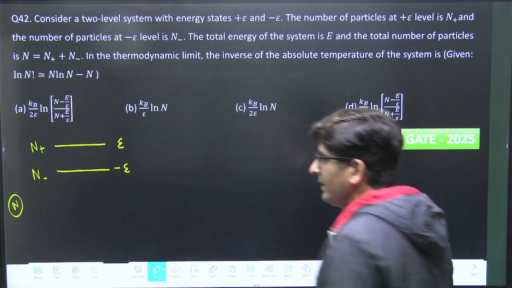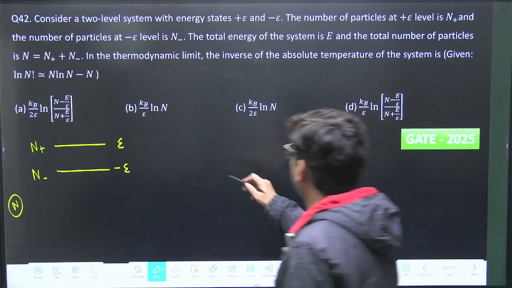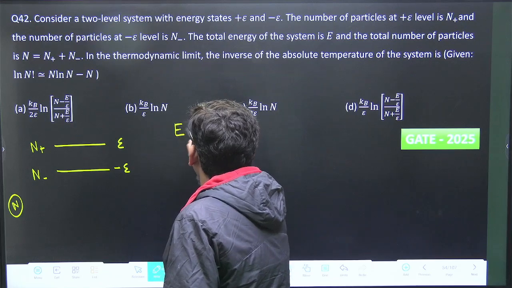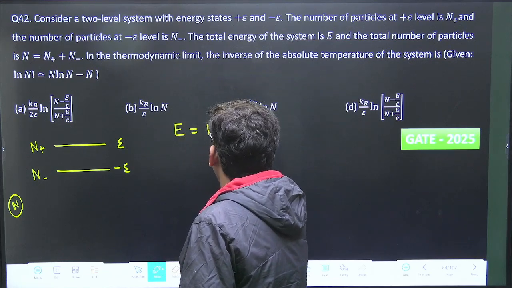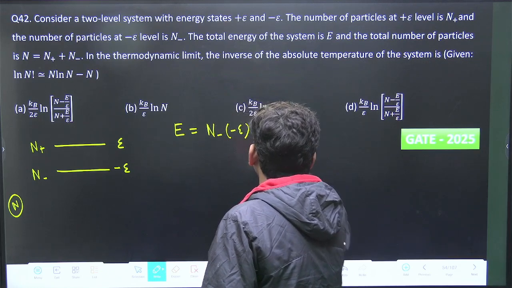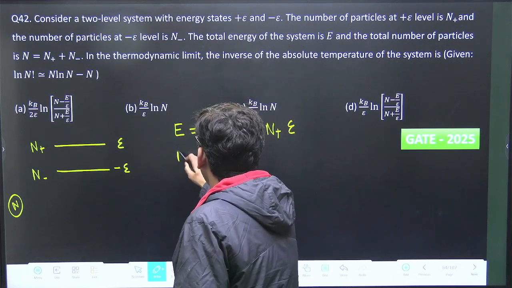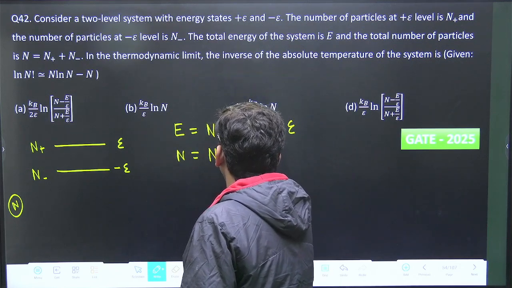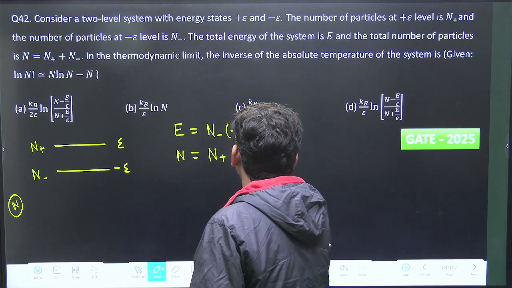And they have also given the total energy as capital E. So if I write total energy, it will become n minus times minus E plus n plus times plus E. And total number of particles will be obviously n plus and n minus.